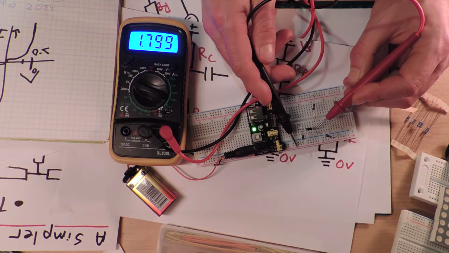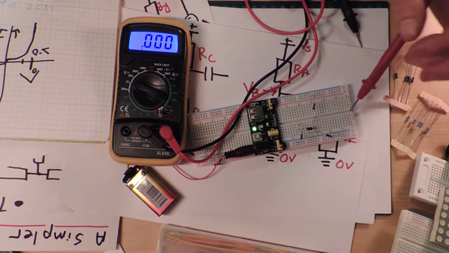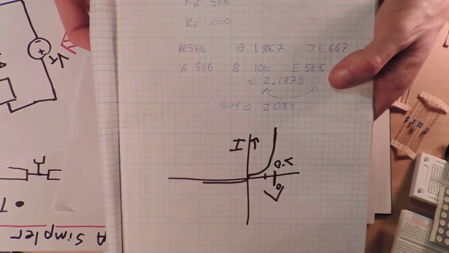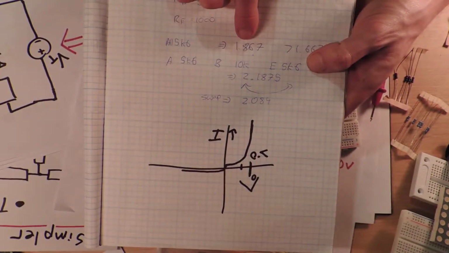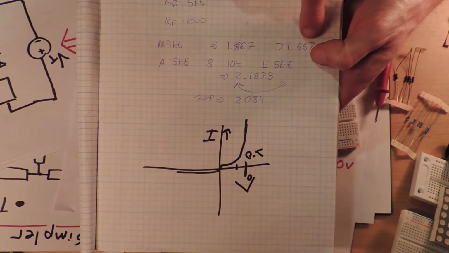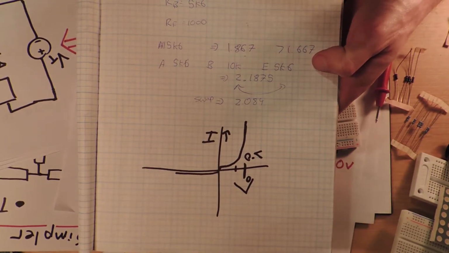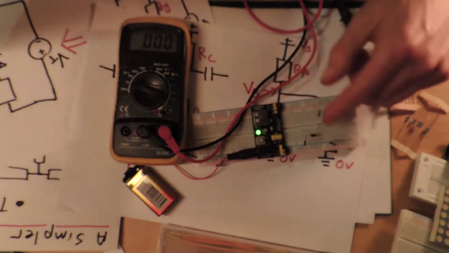1.799, which is pretty good. That's roughly close to 1.8. It's closer to that than 1.667 is, so that's okay. Of course these aren't perfect.